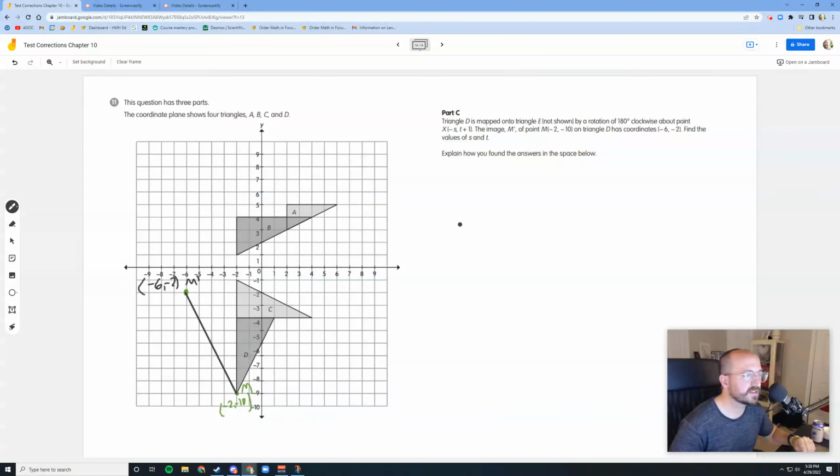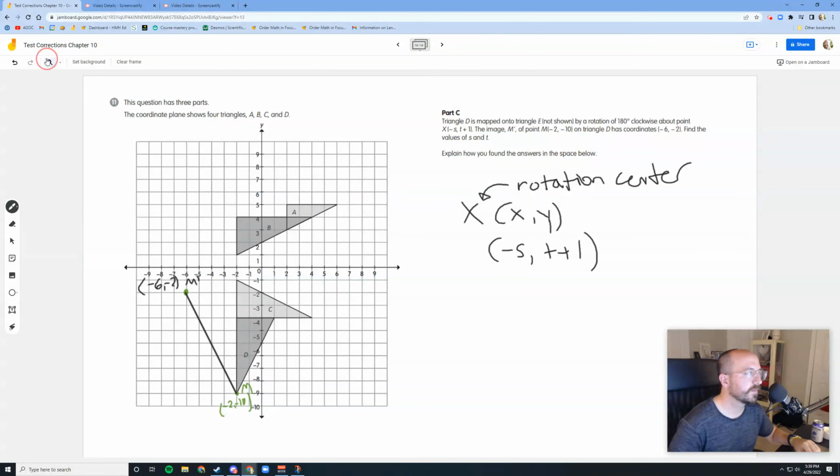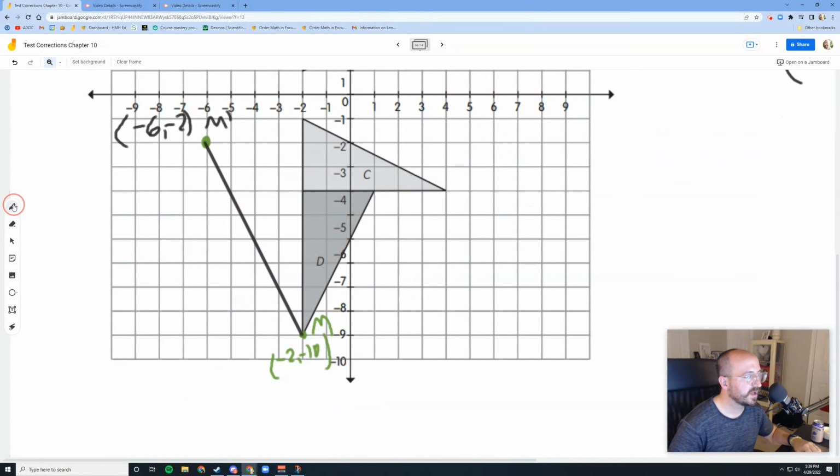Find the values of S and T. So X marks the center, the rotation center. And instead of writing it as the coordinates X, Y, they're going to say X is -S and Y is T plus 1. Okay.